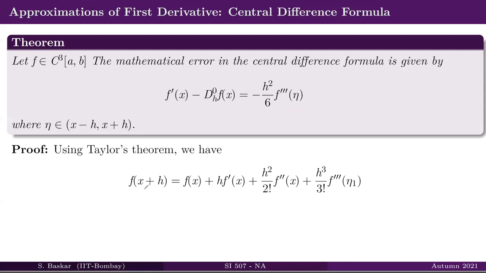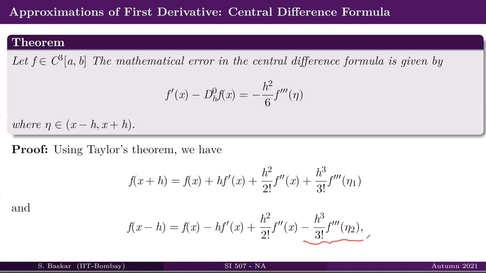We can write f of x plus h as f of x plus h into f dash of x plus h square by 2 into f double dash of x plus the remainder term, right? At the same time, we can also write f of x minus h as f of x minus h f dash of x plus h square by 2 into f double dash of x minus h cube by 3 into f triple dash of eta.